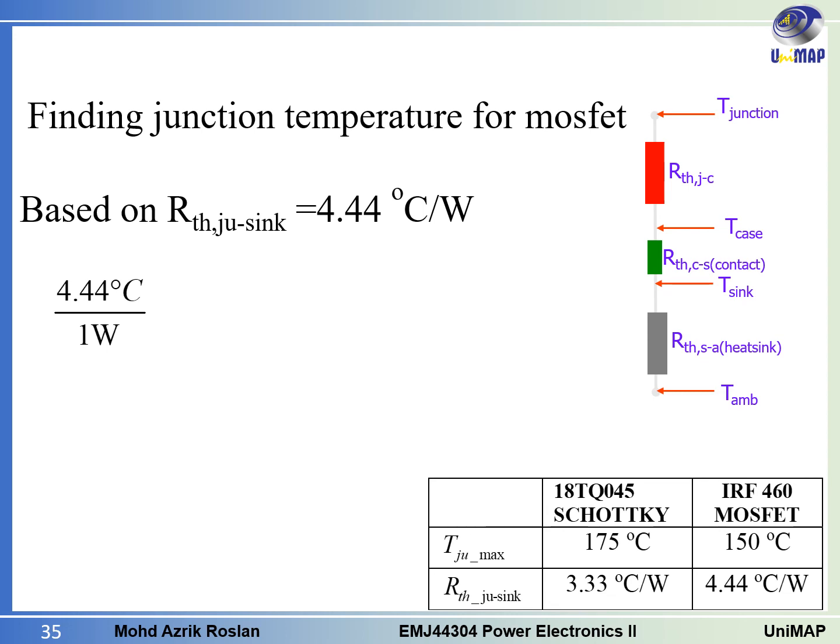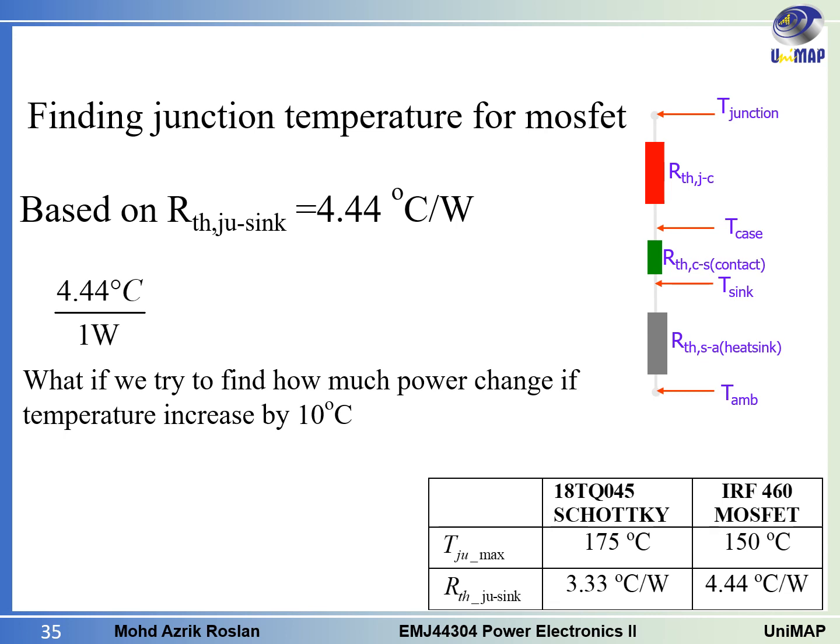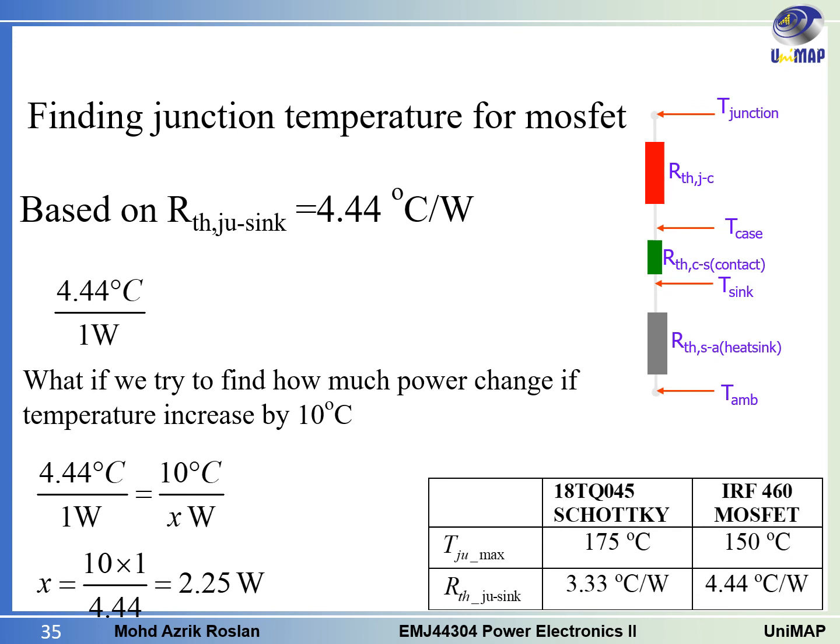After that, we want to determine the junction temperature for the Mosfet. Now we have to draw some lines. You know that for 4.44 degrees C, the power will increase by 1. So when we want to draw a 10 degrees C line, we have to find the value of x.